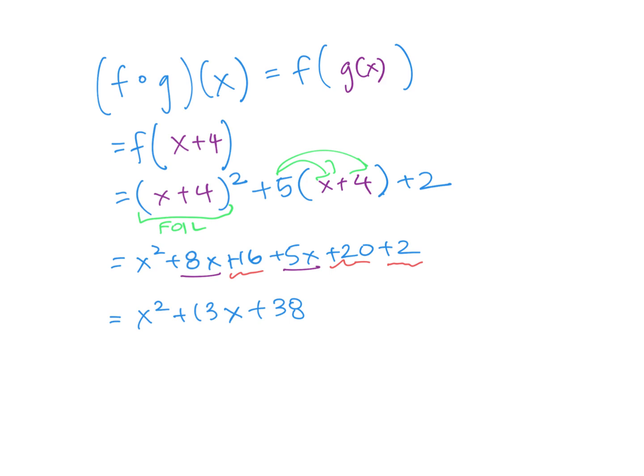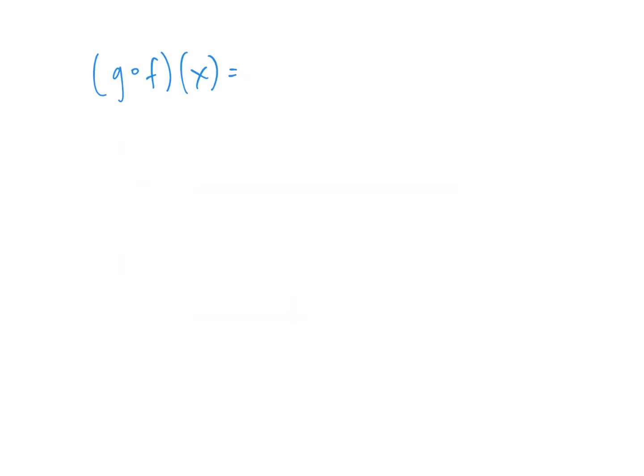All right. Next page. G following f of x is g evaluated for whatever f of x is. So that's g evaluated for f of x, which was x squared plus 5x plus 2.